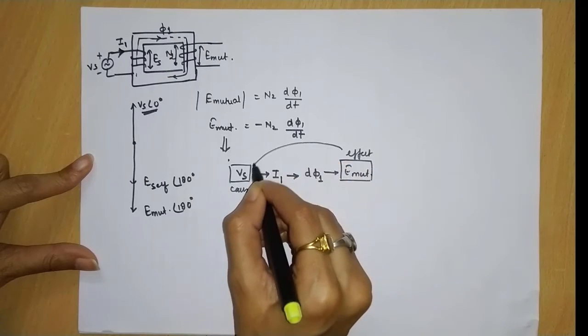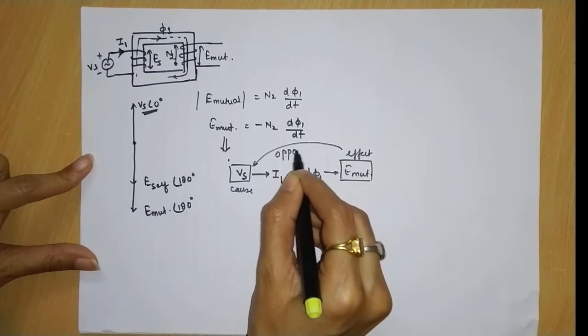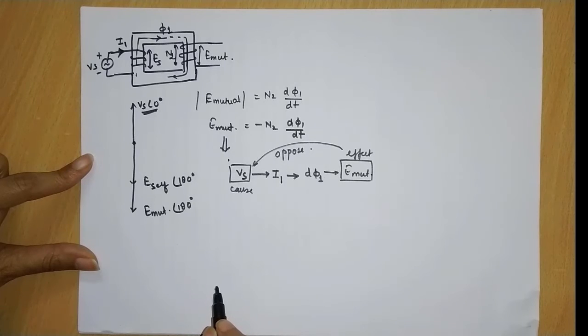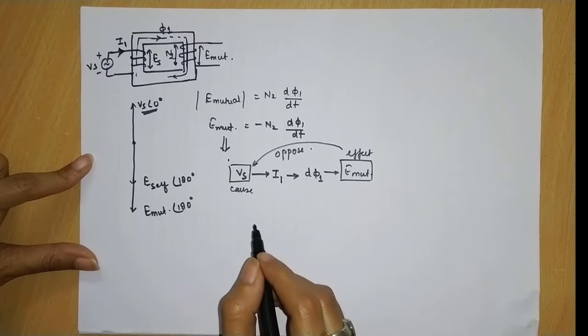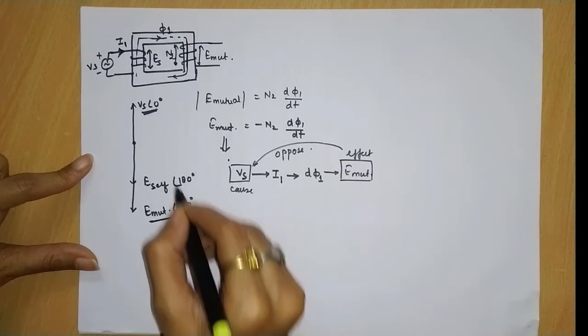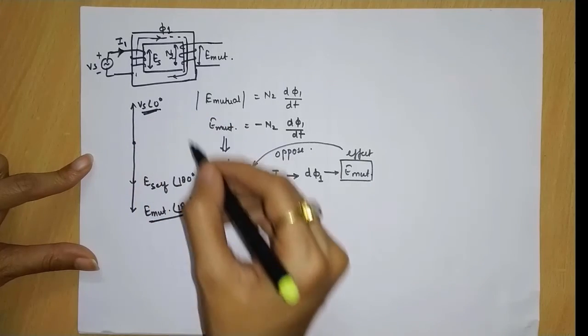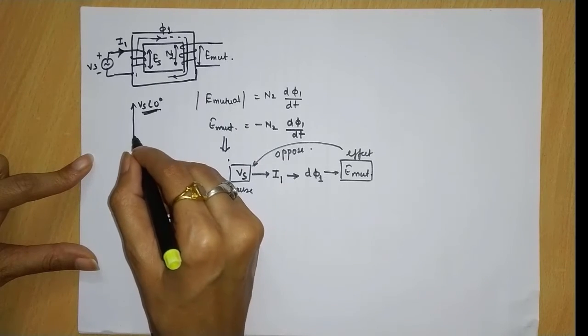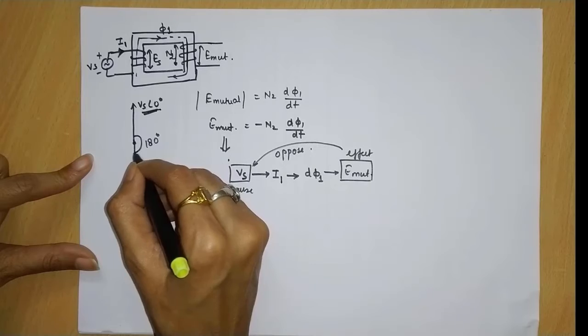Effect will always oppose its cause. Therefore, according to Lenz's law, the mutually induced EMF is 180 degree out of phase with the supply voltage, and therefore the self and the mutually induced EMF together oppose the supply voltage.